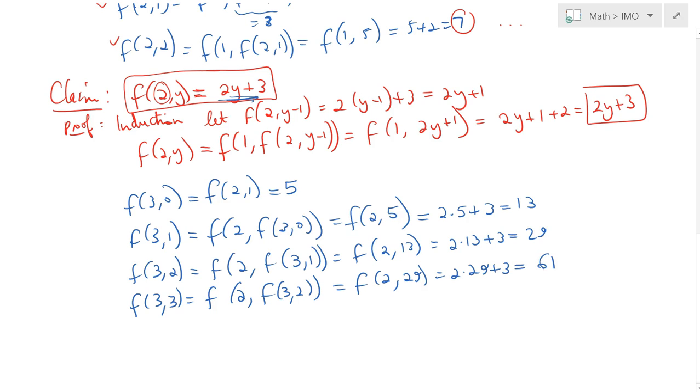Oh, so what is the pattern that emerges? This one is 16 minus 3. This one is 32 minus 3. This one is 64 minus 3.